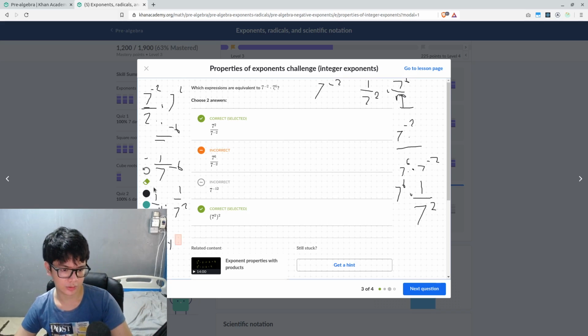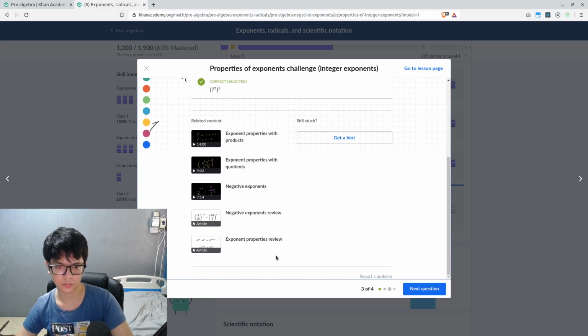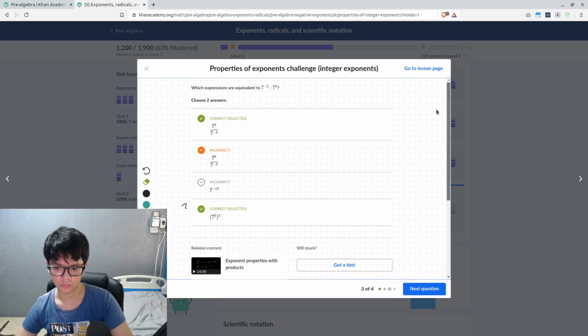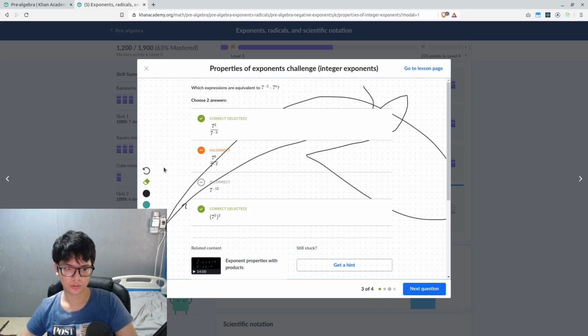But let's erase. Why do I only have this much space? So shit.